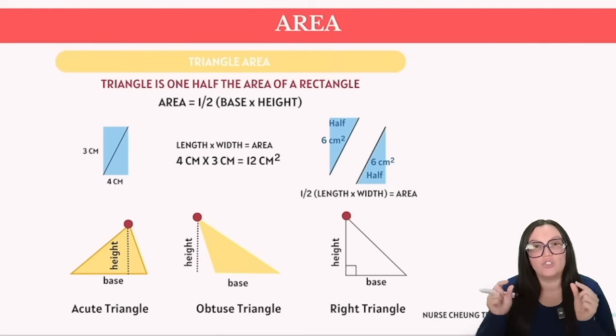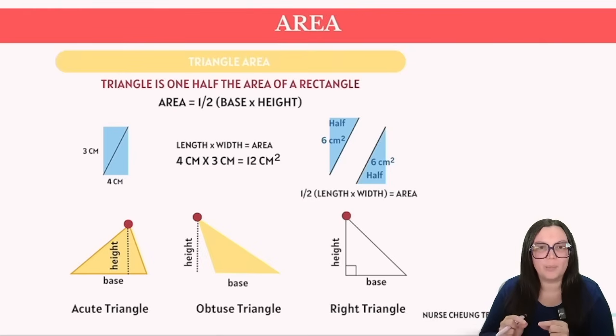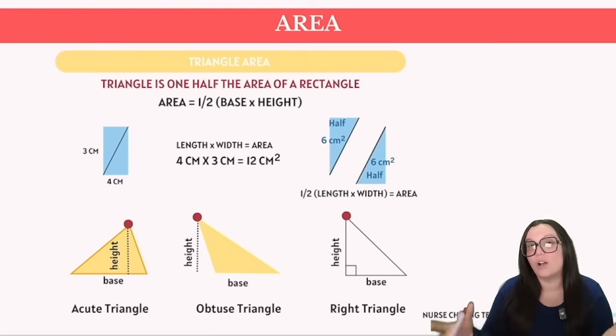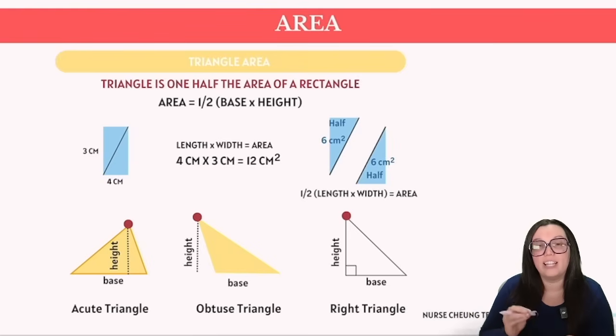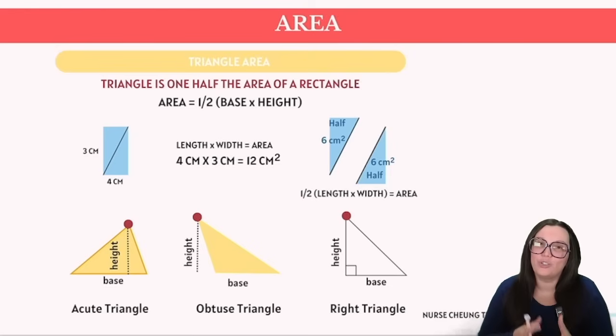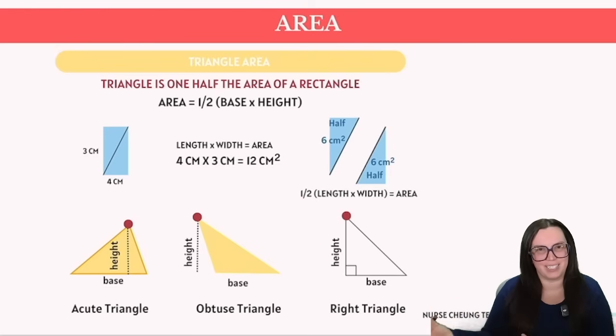This creates 2 triangles, each occupying half of the area of our original rectangle. Given that the rectangle's area is 12 square centimeters, each triangle is half of that, meaning 6 square centimeters.